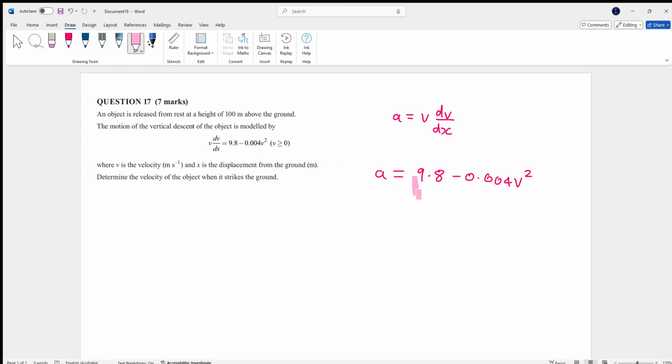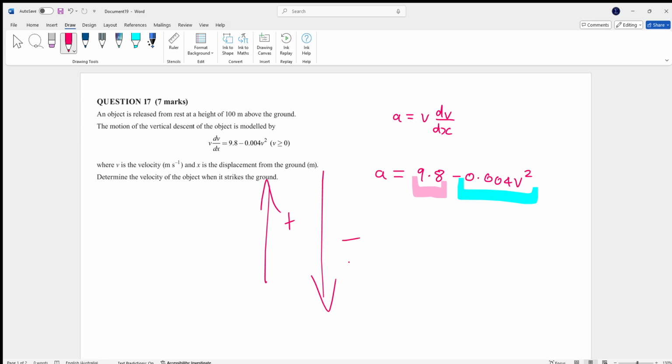This is gravity, and then this here is our drag pretty much. So our drag acceleration they've accounted for, which is going against gravity in this case here. Now, the way they've defined it is actually pretty important. In this situation, they've said 9.8 is positive. So they've said acceleration is positive in that direction, and going down is negative.